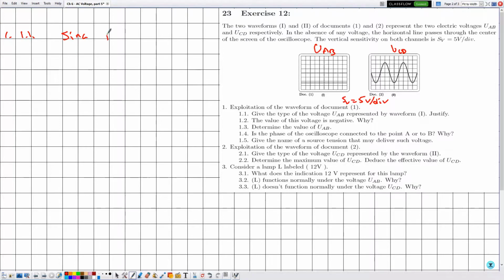So it is constant with time, and is represented by a horizontal luminous line.